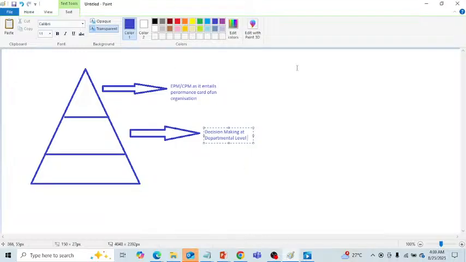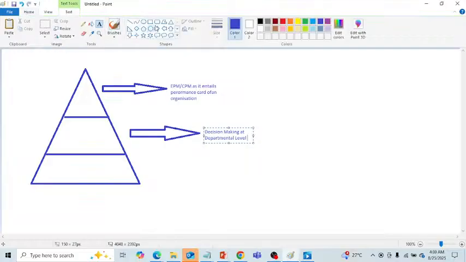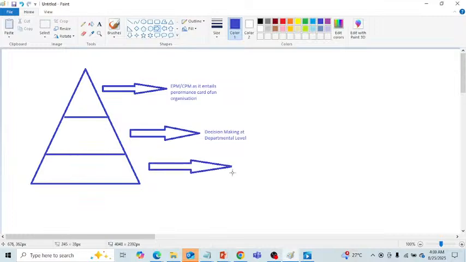And the lower level management focuses or emphasizes on operating activities, that is, simple day-to-day business operations.